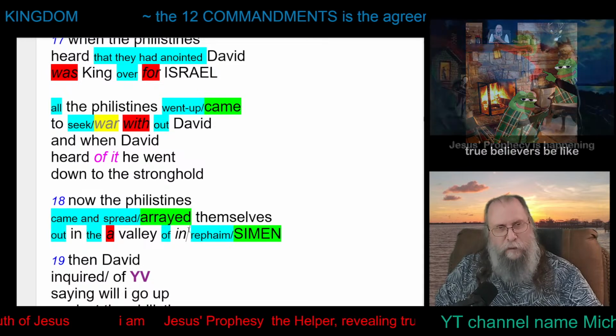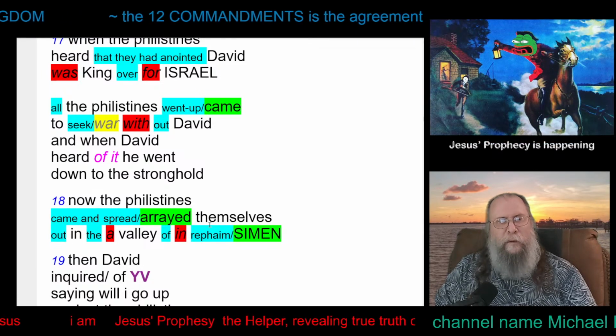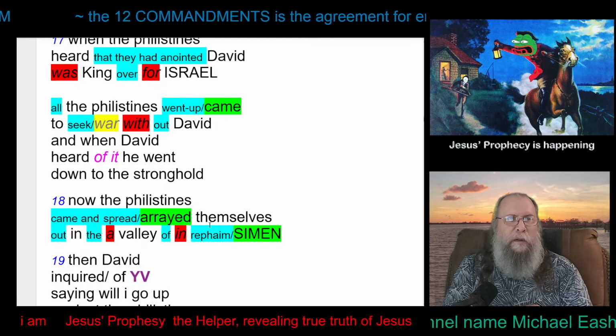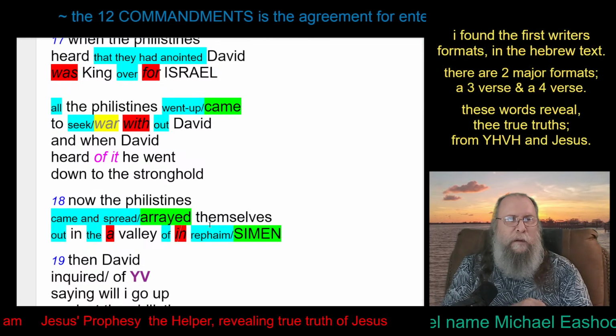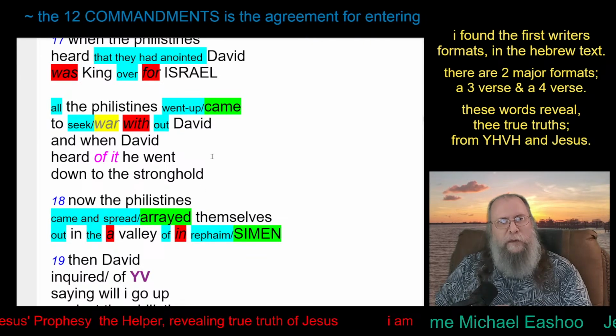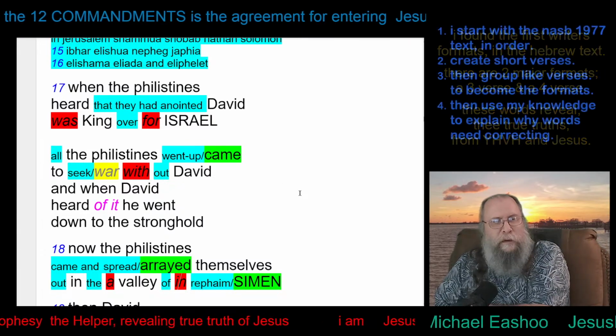I will say they actually came into it because they came to war with David, so they had to enter it. They wouldn't have stayed on the land.